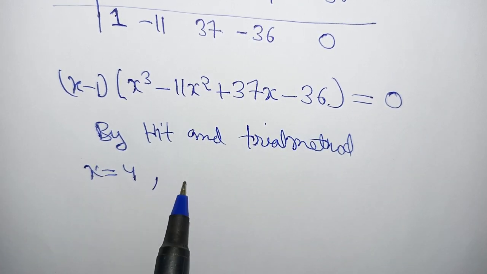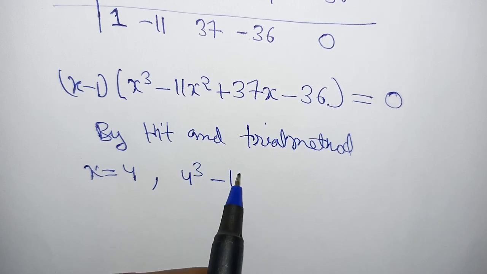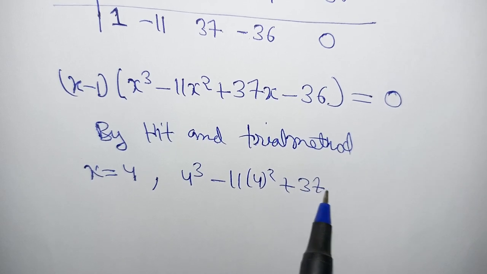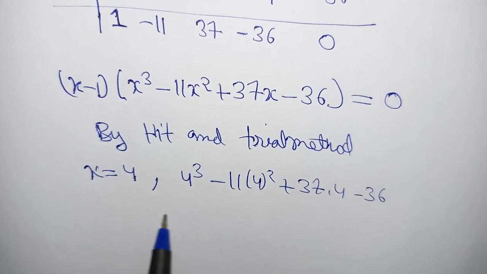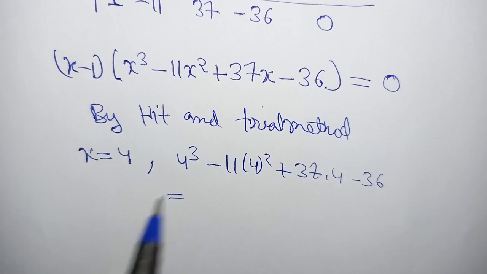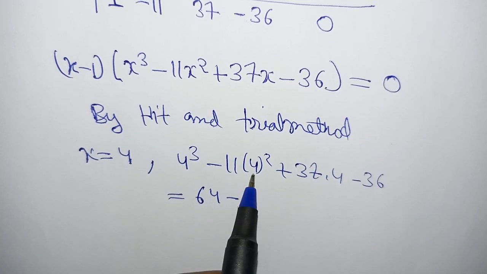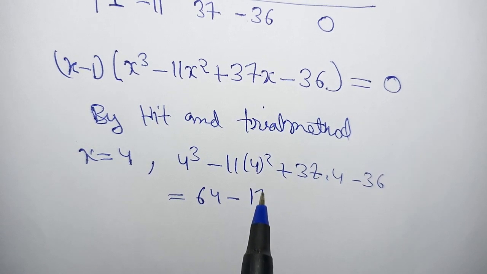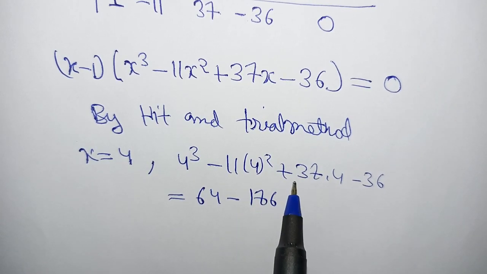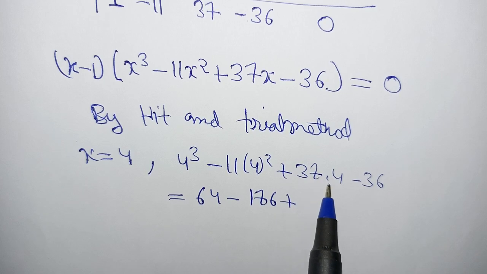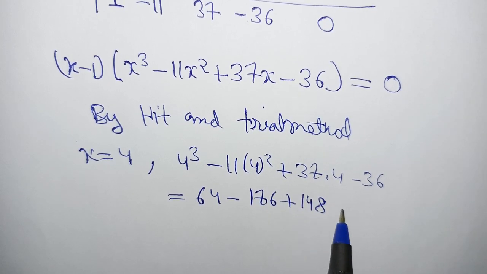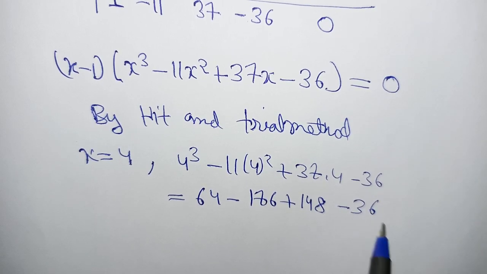At x equal 4, 4 cube minus 11 into 4 square plus 37 into 4 minus 36 gives you the value 64, then 4 square is 16 and 16 into 11 is 176, and 37 into 4 is 148, minus 36.